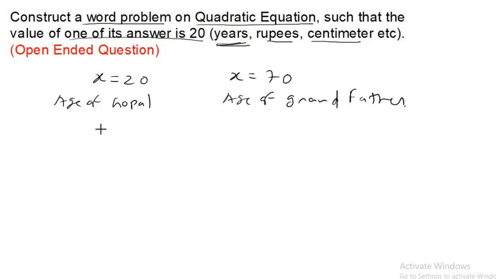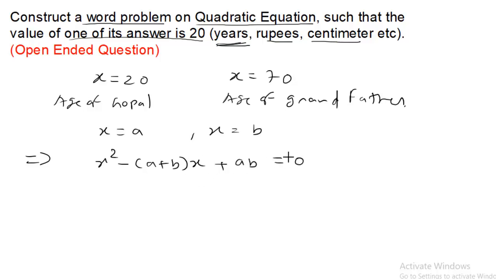Now, a general quadratic equation which has the solutions x is equal to a and x is equal to b can be framed as x square minus (a plus b) x plus ab is equal to 0.